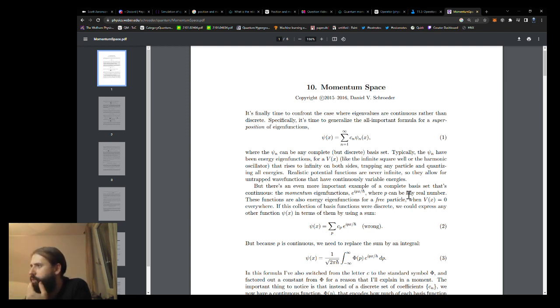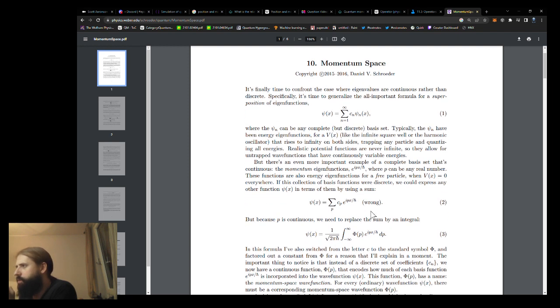Where p can be any real number, these functions are also energy eigenfunctions of a free particle. If this collection of basis functions were discrete, we could express any other function psi of x in terms of them. Okay, this is where I get lost.